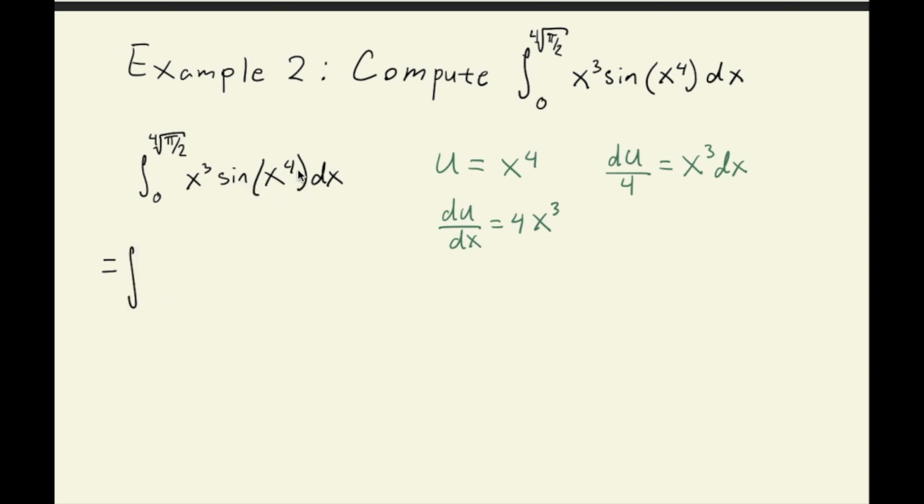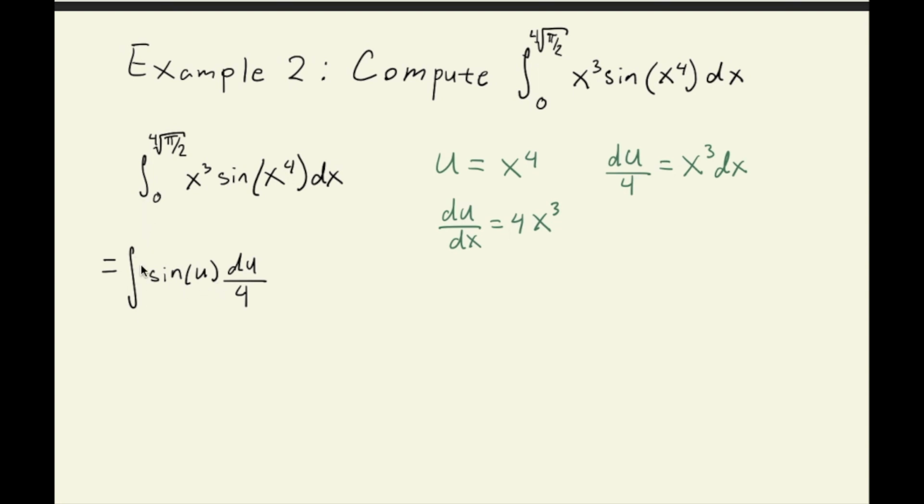Now sine of x to the 4 will become sine of u, right? Because x to the 4th is u. And x cubed times dx, that's equal to du over 4, right? So this number can come out of the integral here, and we're basically just left with an integral of sine, which is pretty easy to solve, right?